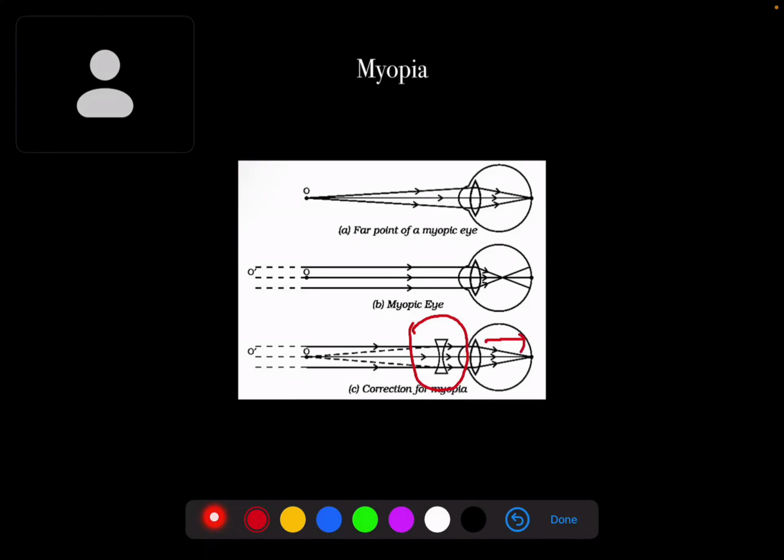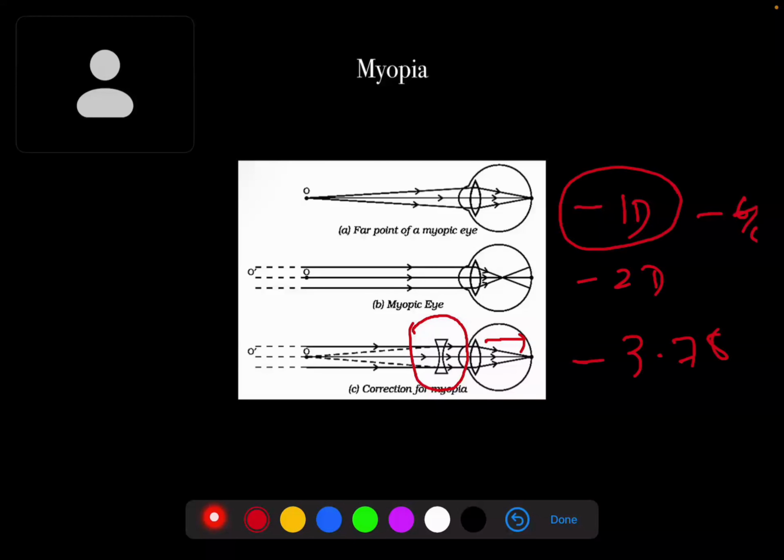In the clinic files, you will see a patient with minus 1D, minus 2D, or minus 3.75D. It means the patient has myopia of 1 diopter, which will be corrected to 6/6 vision. Minus 2D is a large error, minus 3.75 a very large error. So if you see a minus D, diopter, that means the patient has a myopic error.